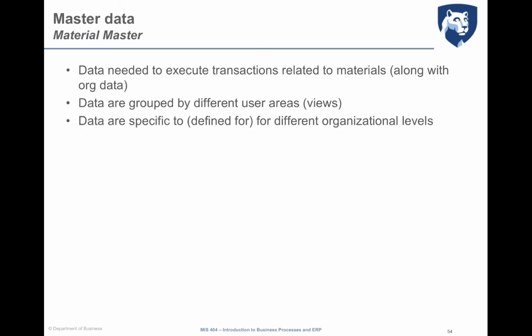Material master are all the data needed to execute transactions related to purchasing materials, and they can be grouped according to different views. So material master are all the data that are of interest in the execution of the procurement process, but they can be seen from different perspectives.